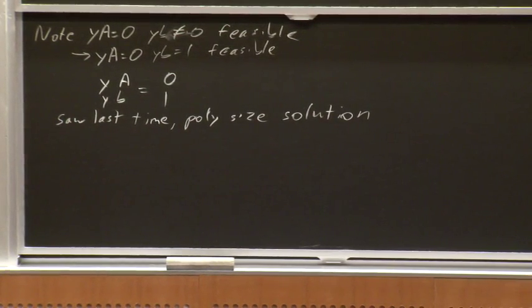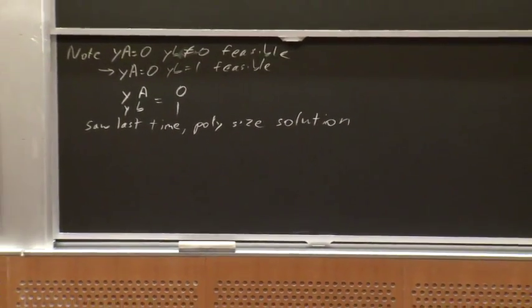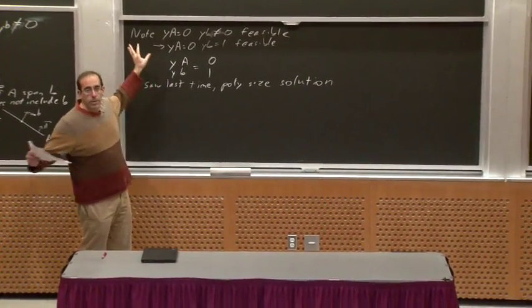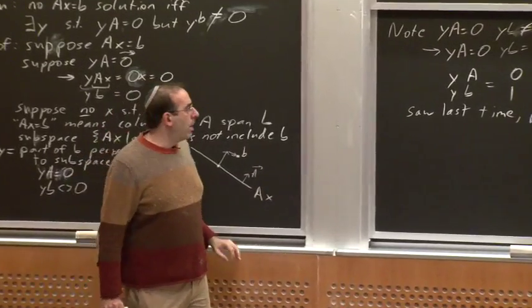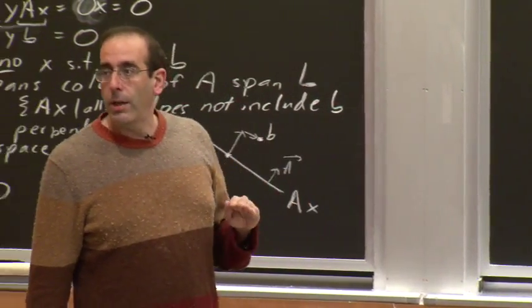Okay. And of course, because we've written it as a system of linear equations, we also know how to solve it, right? We do our Gaussian elimination or whatever, and we get our answer. So this kind of completes the story of linear equalities.